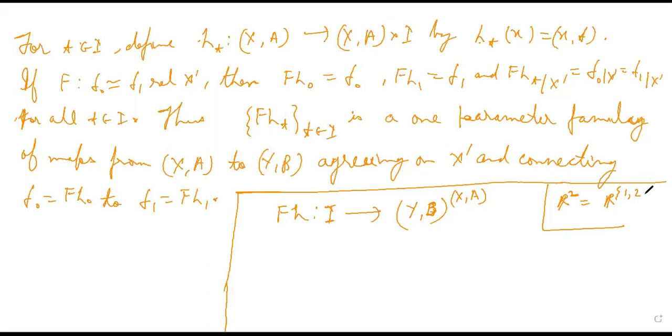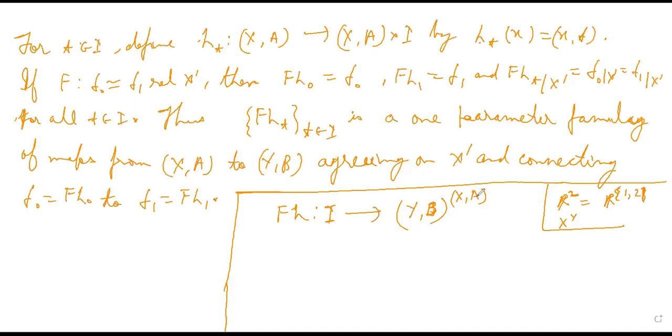You can realize it like this: it denotes the collection of all maps from {1, 2} to R. So if I write X to the Y, this is the collection of all functions from Y to X. Here this will denote the set of all maps from xa to yb.